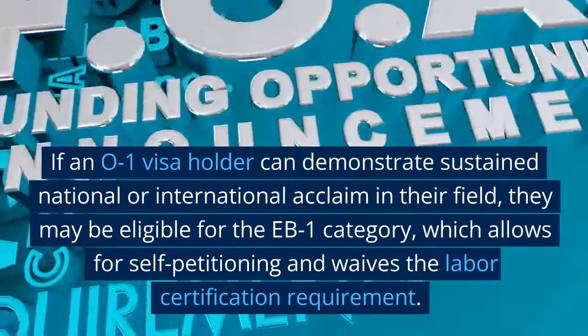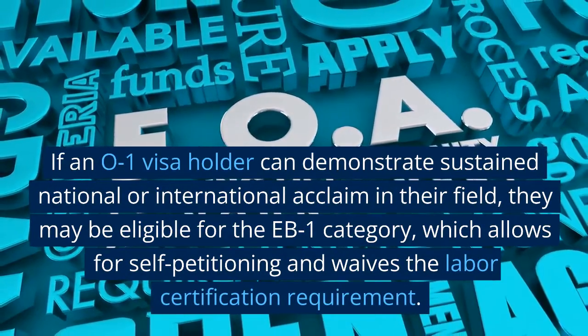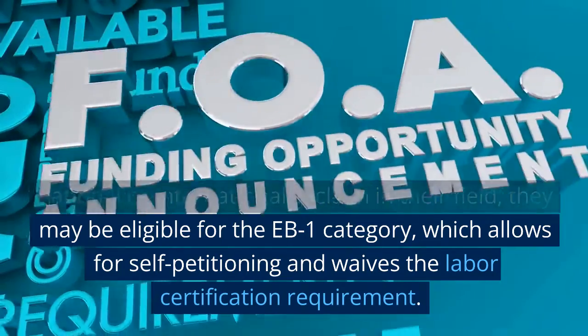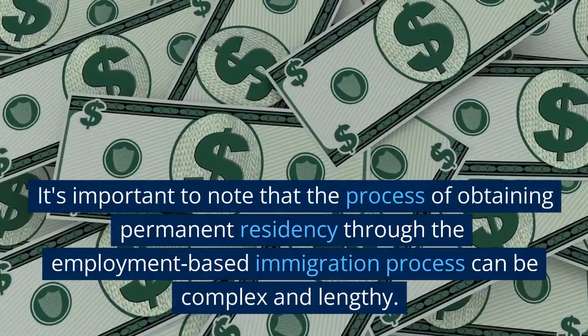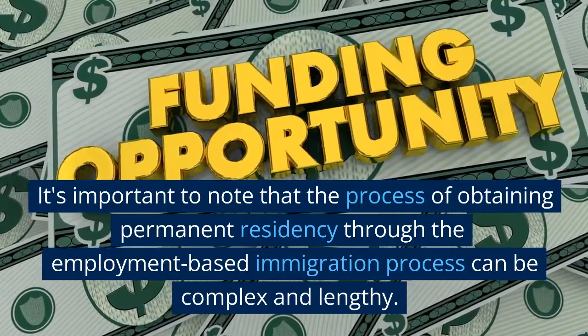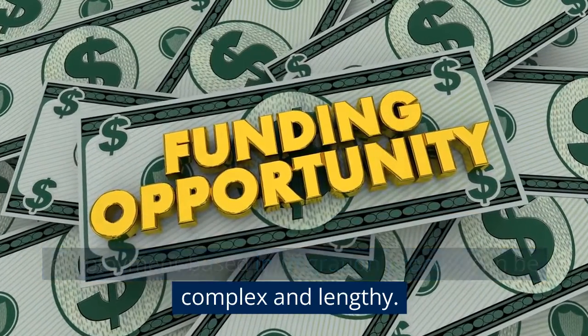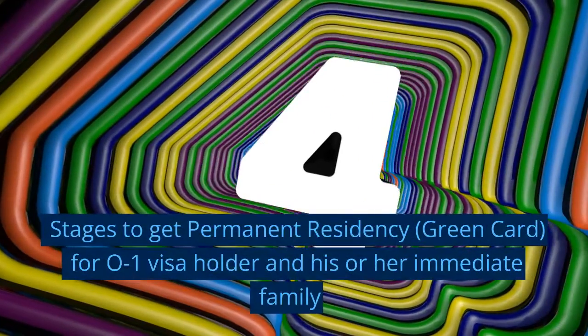If an O1 visa holder can demonstrate sustained national or international acclaim in their field, they may be eligible for the EB-1 category, which allows for self-petitioning and waives the labor certification requirement. It's important to note that the process of obtaining permanent residency through the employment-based immigration process can be complex and lengthy.